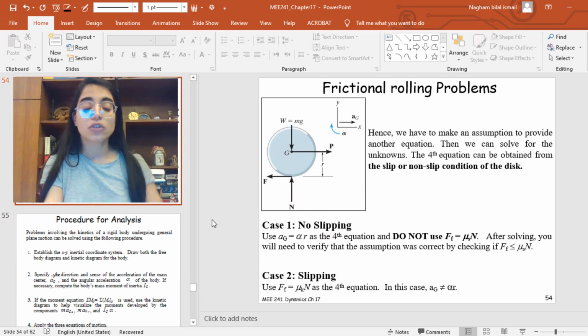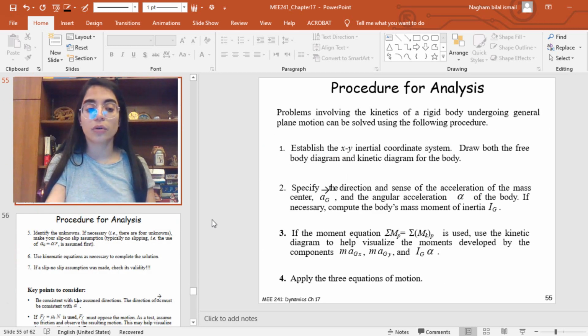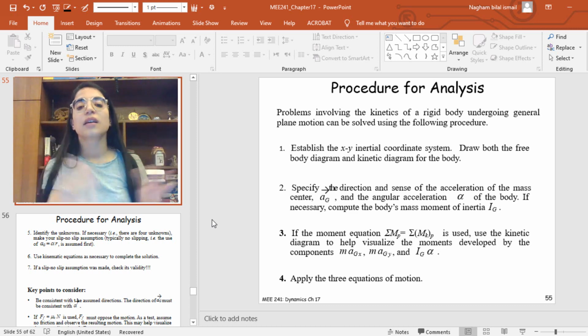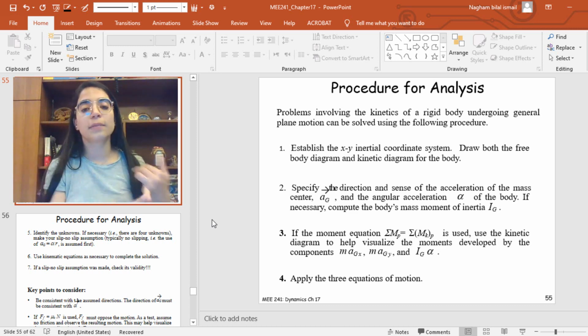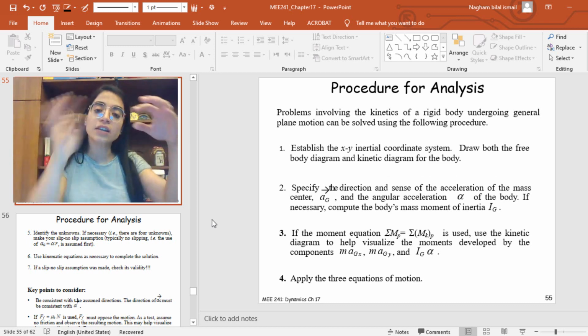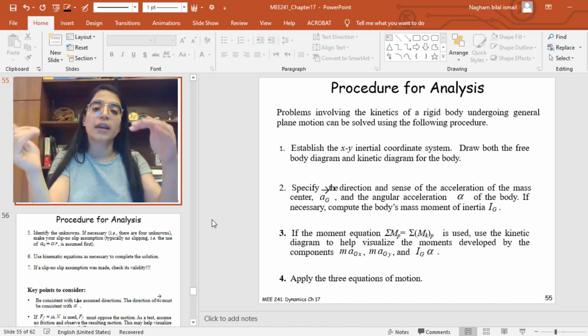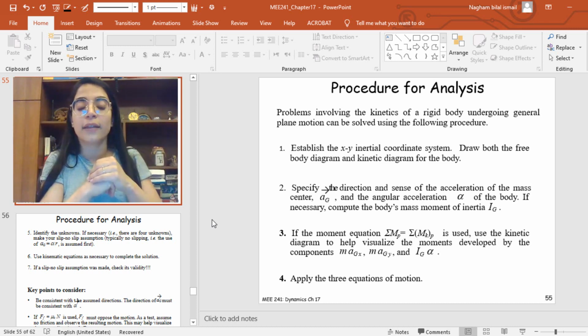So this is for the frictional rolling problems. Now, what is the procedure for analysis? In this case, it's the same. You have to establish your reference and specify the direction of a_G, and don't forget that a_G follows alpha. If alpha is in this direction, then a_G will be to the left.